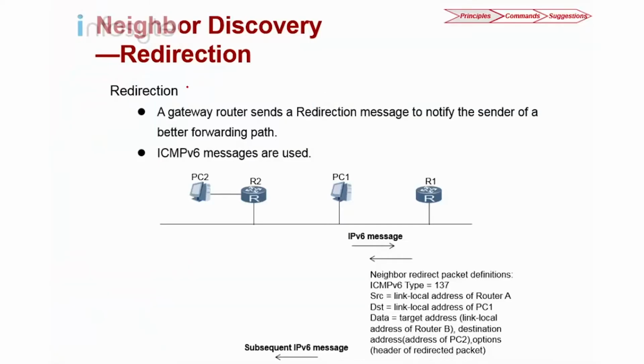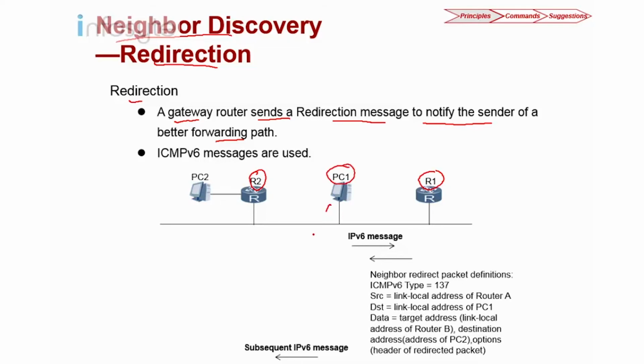Now let's look into the neighbor discovery redirection. Okay, so this is very similar to the IPv4 redirection. So this is the scenario. A gateway router sends a redirection message to notify the sender of a better forwarding path. Now let's look into this topology. Now R1 and R2, both of these routers belong to the same subnet with PC1.